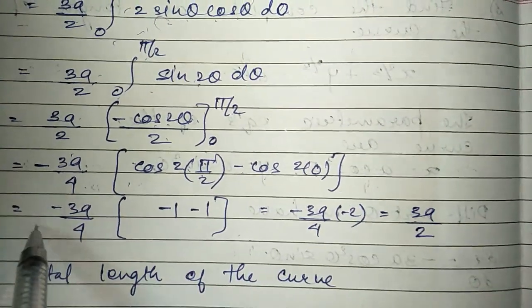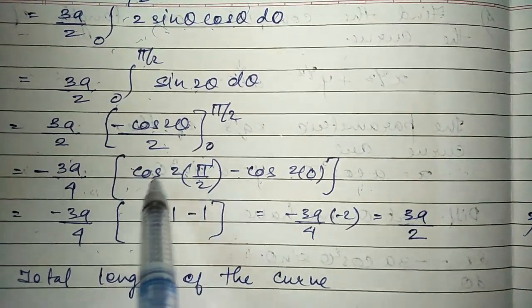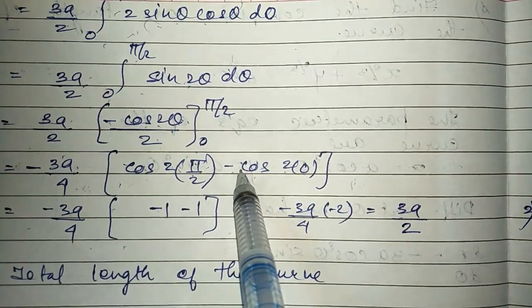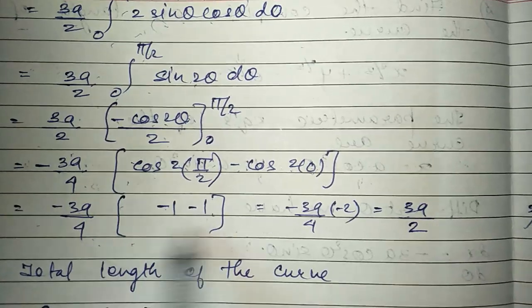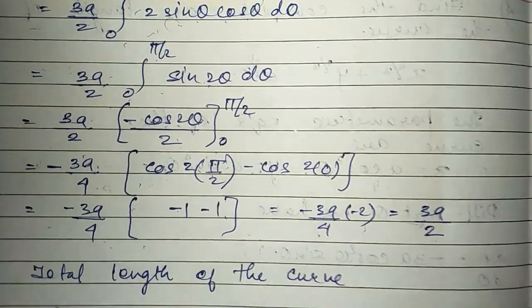So it will be minus 3a by 4, the 2 will get cancelled. We have cos of pi, that is minus 1, minus cos of 0, which is 1. So we have minus 3a by 4 into minus 2. So it is 3a by 2.